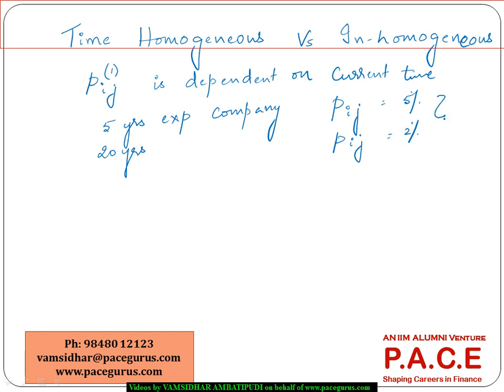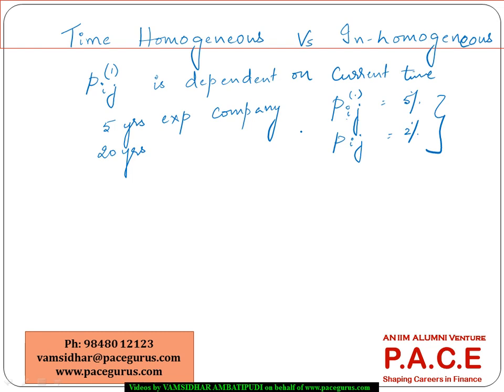If I have such a mechanism, that Pij is differing for different time periods, depending on whether it has existed for the last 20 years versus the last 5 years, so the 1 year transition probabilities are changing, those are what are called time inhomogeneous. They are not uniform across time.